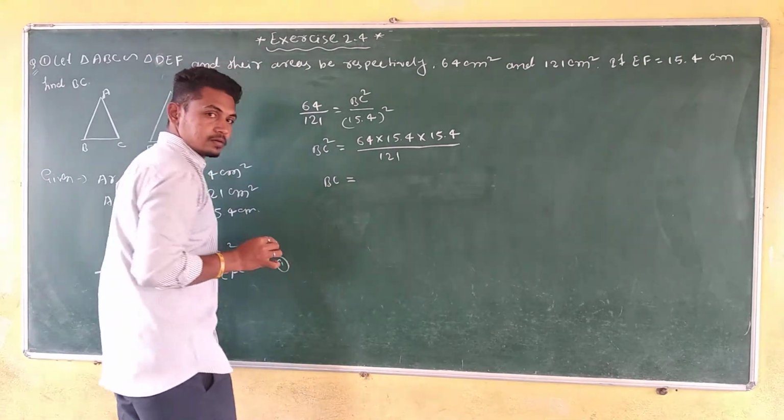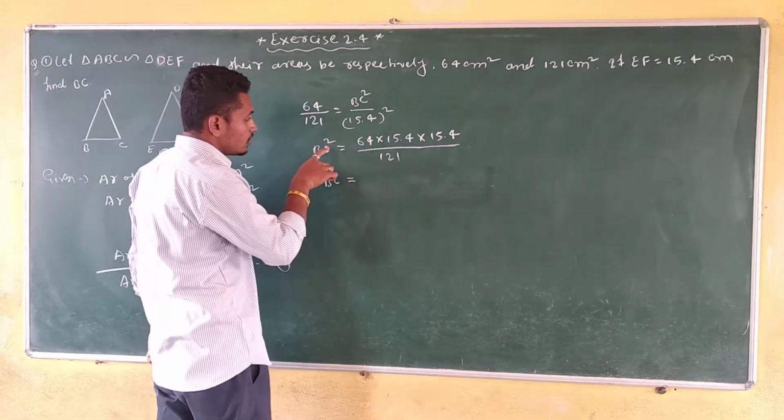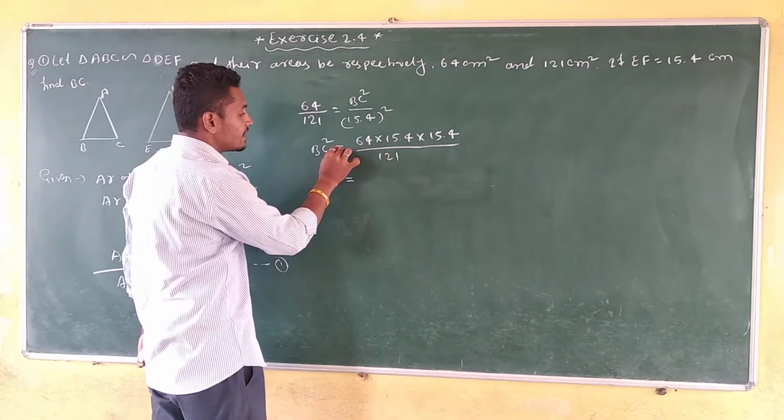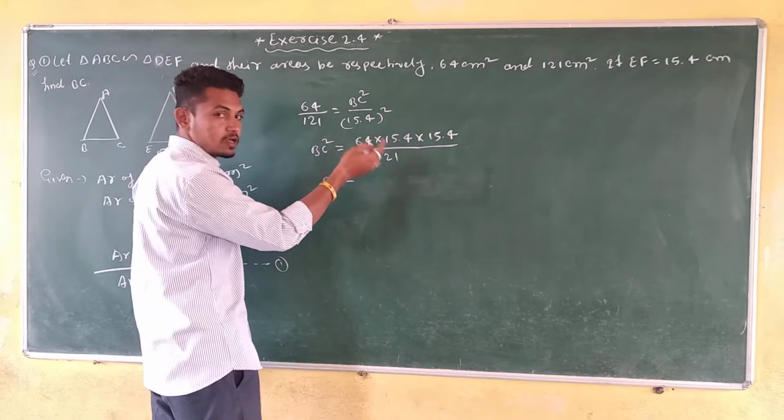Now this square I have to shift to the right hand side, and the square becomes square root.